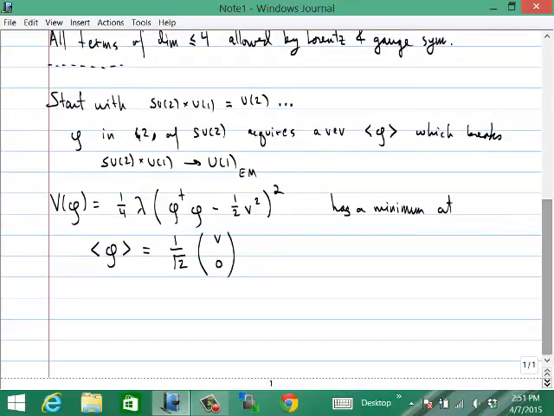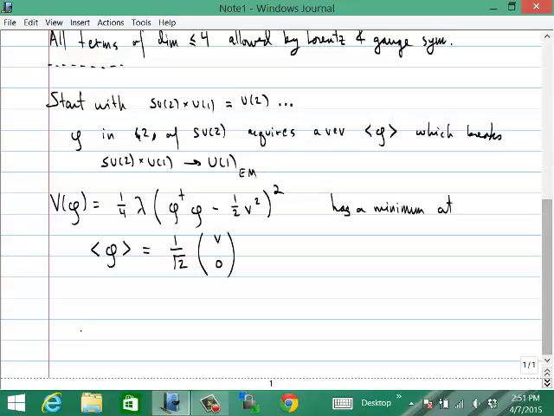So we have a potential for the Higgs boson, which has a non-zero vacuum expectation value. And so that means that the SU(2) times U(1) gauge symmetry will be broken.